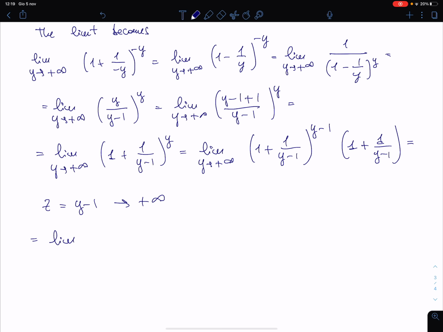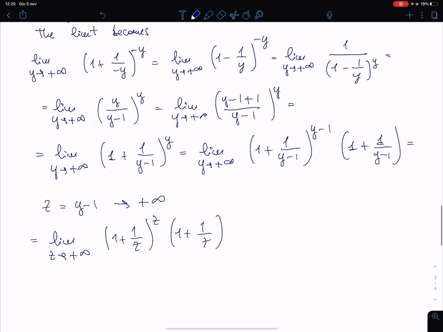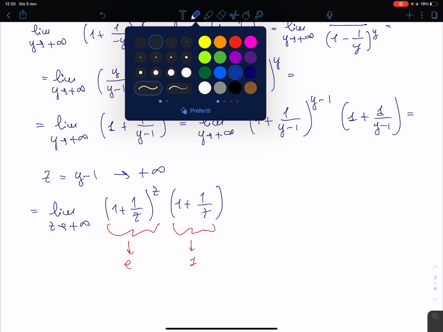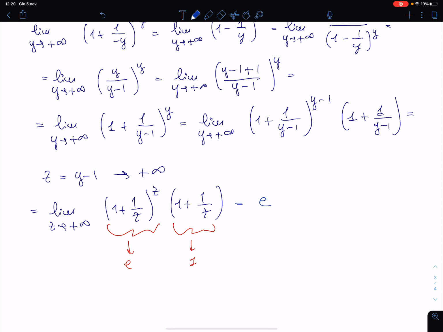Here we have the limit for zeta going to plus infinity of 1 plus 1 over zeta to the power zeta, and notice that this is exactly the limit that defines the number E. So this goes to E, and this other factor goes to 1. So the result of this limit is equal to E.